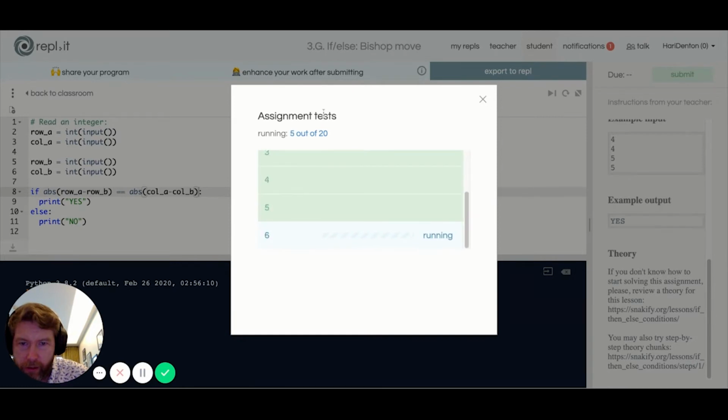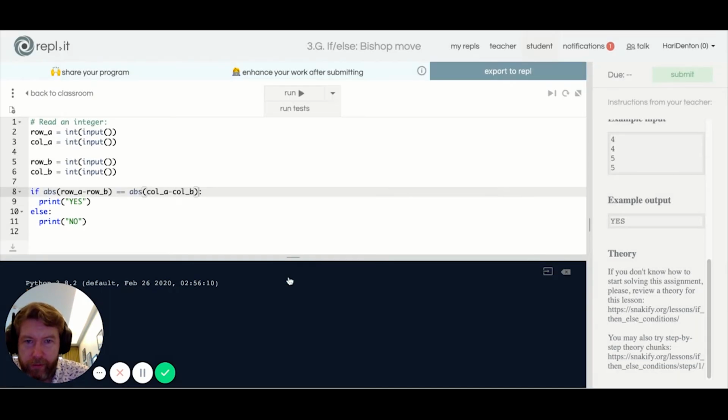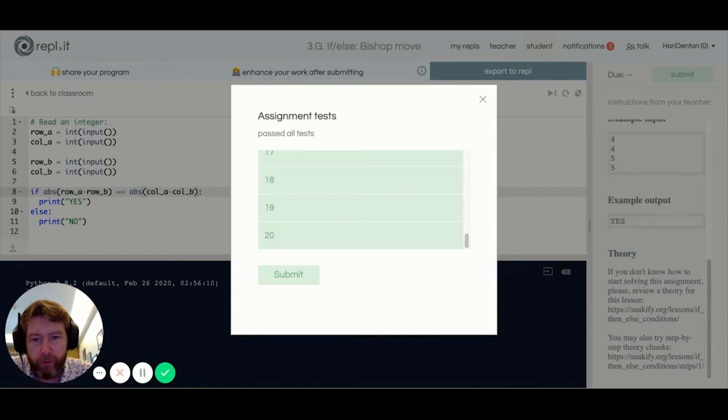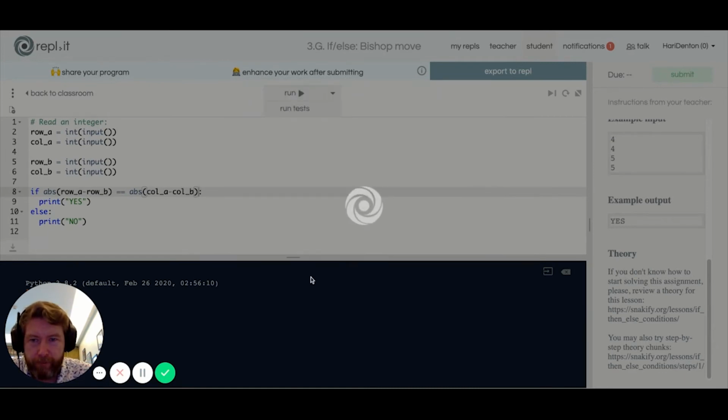Wow, awesome. Oh, did I submit it? I did. Yeah, so ABS is a function which gives you, if you put -5 into it, it will turn it to 5. So basically if the difference between the row is -5 and the difference between the column is 5, then it's still a valid move. Okay, so that kind of works.